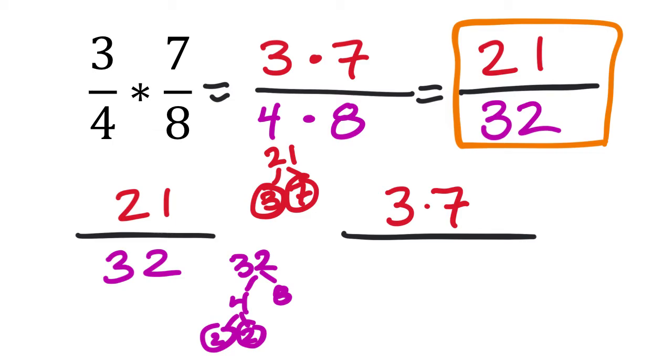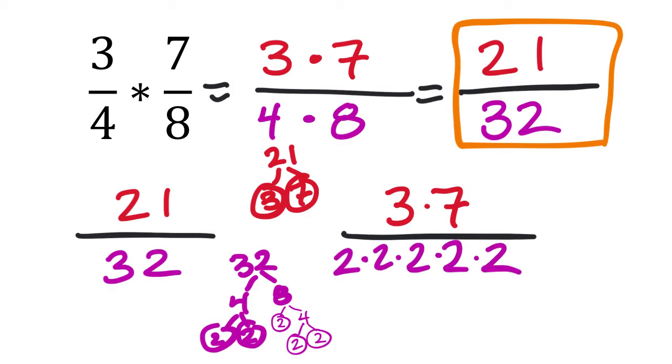And then the 8 is going to split up into 2 and 4. And then the 4 would split up once again into 2 and 2. So you see that 32 is really just a bunch of 2's being multiplied. We've got 1, 2, 3, 4, 5 of those 2's. But again, none of these factors match in the numerator and denominator in order to create a phantom 1. You could say there's a bunch of 2's that match. That's true. But you're not going to get any phantom 1's out of multiplication. So that just confirms that our original answer, 21 over 32, is correct.